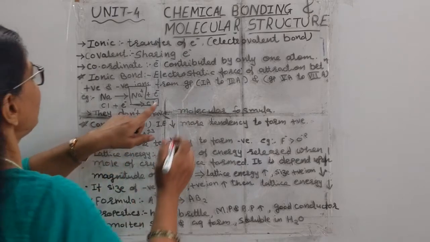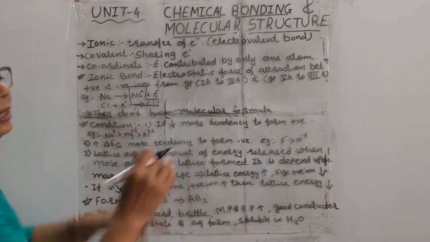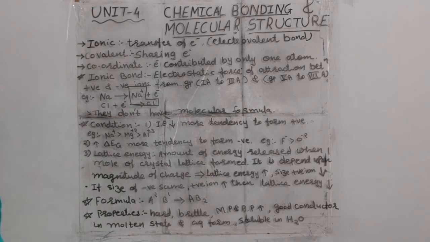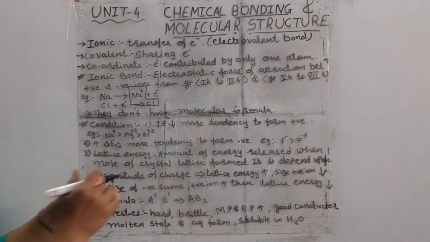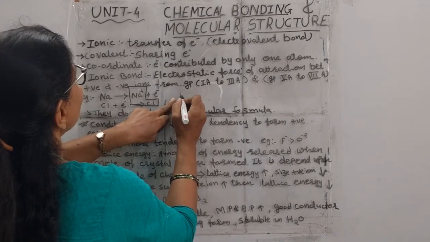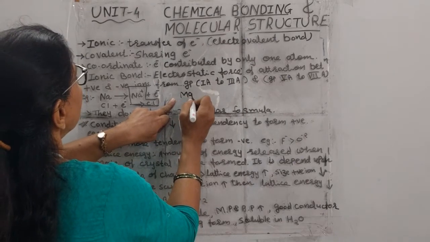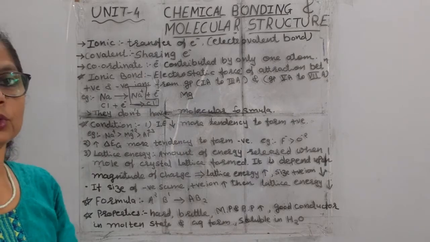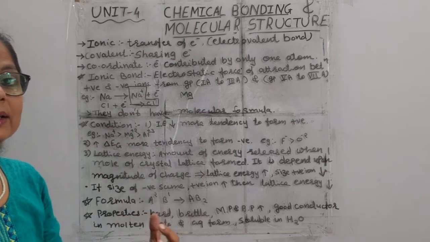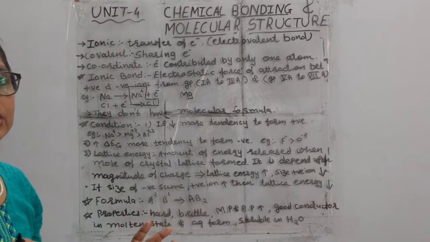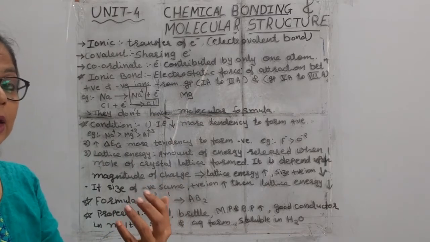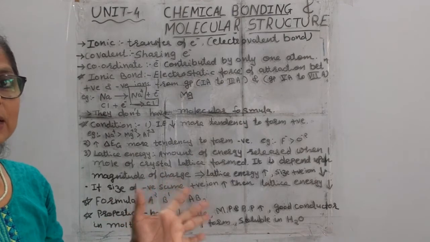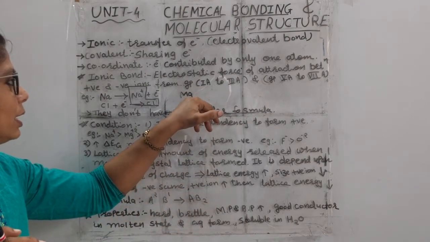One more example we are going to take is magnesium. As you know, the atomic number of magnesium is 12. To attain a stable configuration, the nearby noble gas is neon, for magnesium also.